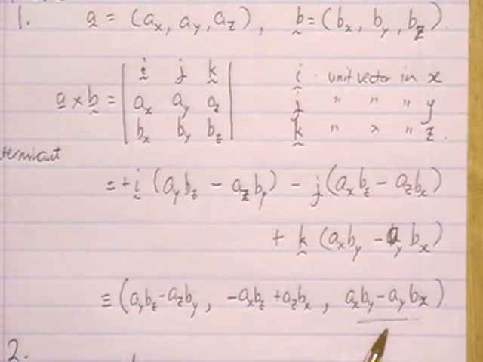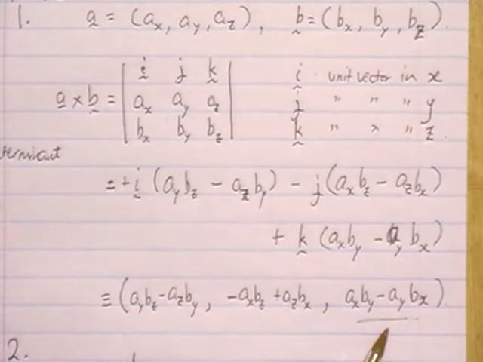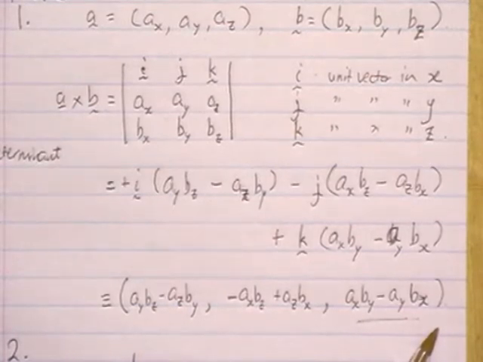It just means that if A and B are both in the xy plane, since the cross product points in the z direction, therefore this component should give the magnitude of the cross product, and those first two components should be 0, since this vector should be perpendicular to the xy plane.